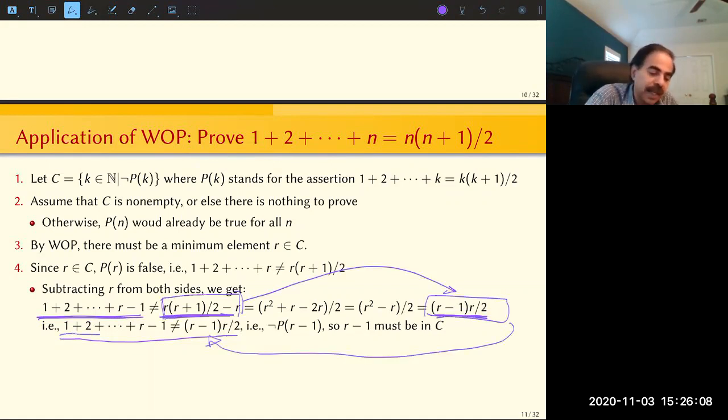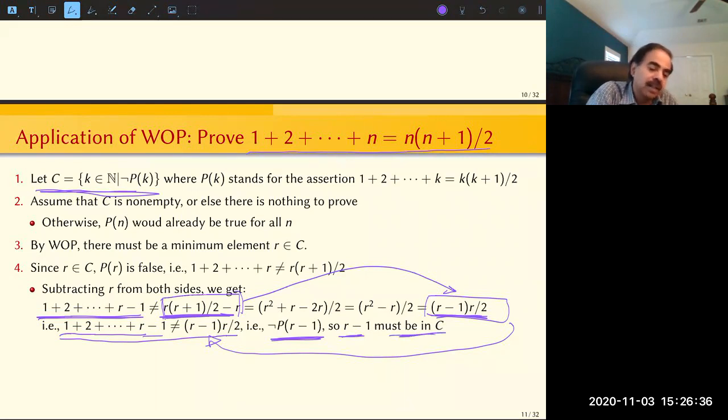So we are able to say the summation from 1 to R minus 1 is not equal to R minus 1 times R divided by 2. Now we match it with the structure of P, and we see that this is saying nothing but not of P of R minus 1. And once we say not of P of R minus 1, by definition of the counterexample set, R minus 1 must be in the set C.